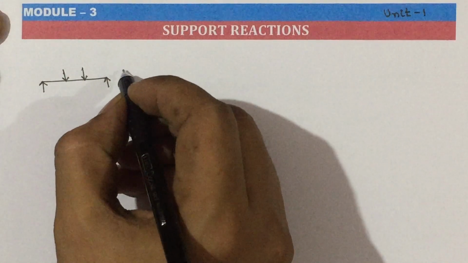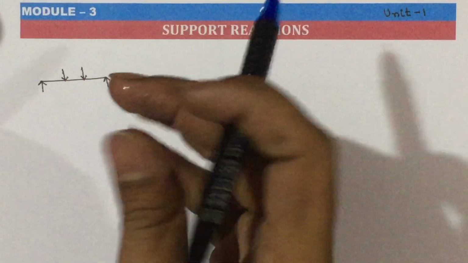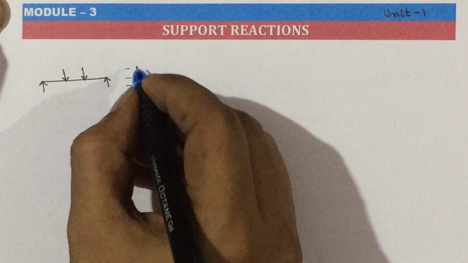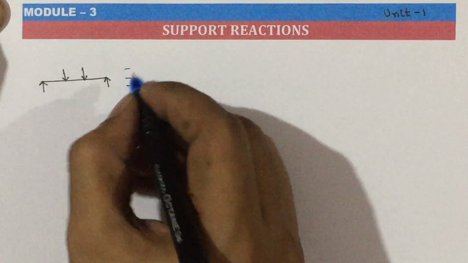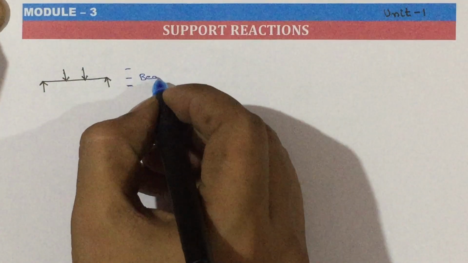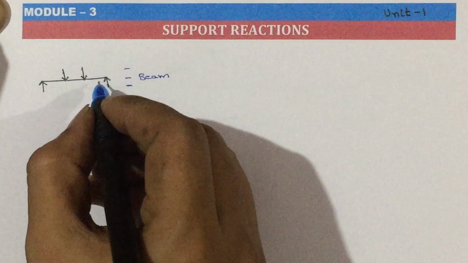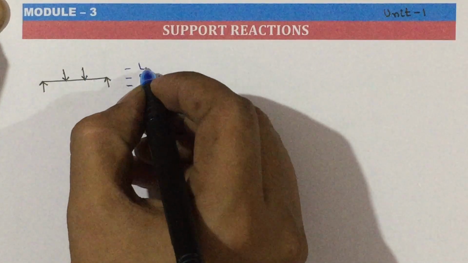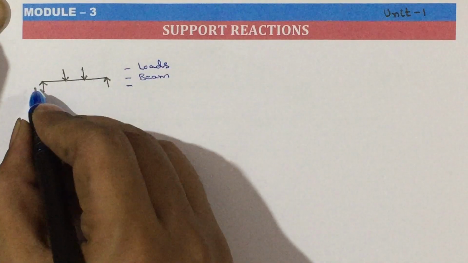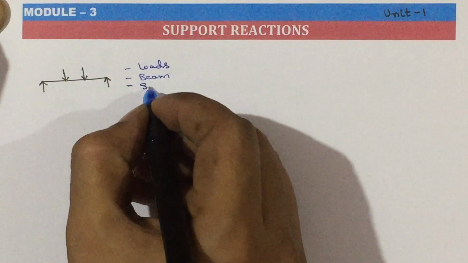Here we come across three things. The horizontal member, we call the beam. Above the beam we have loads, and below the beam we have supports.